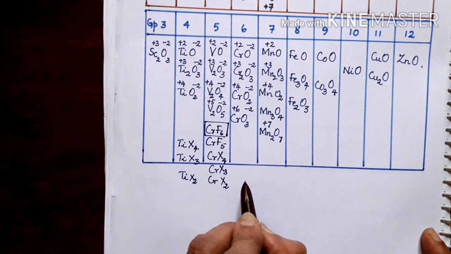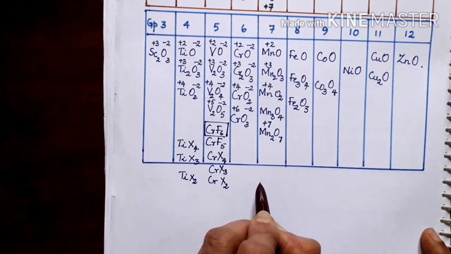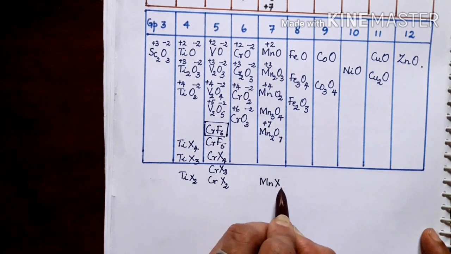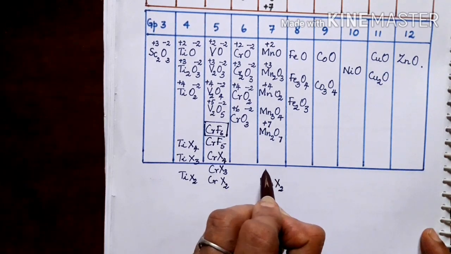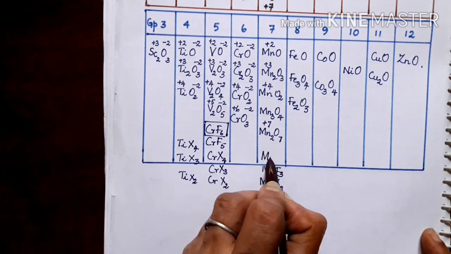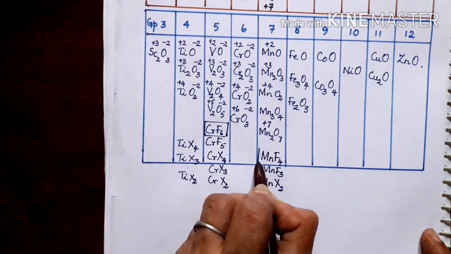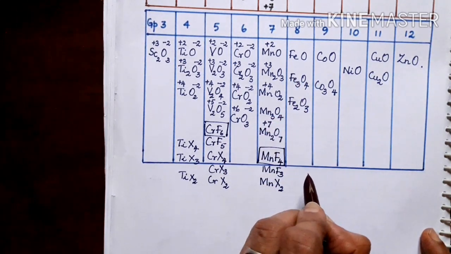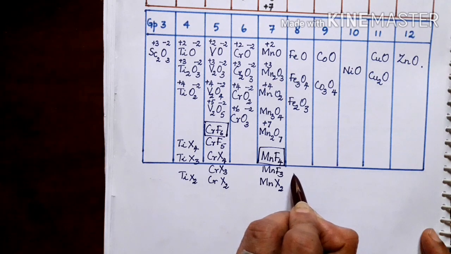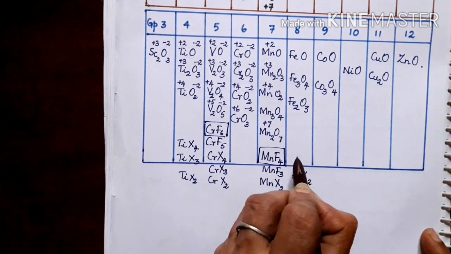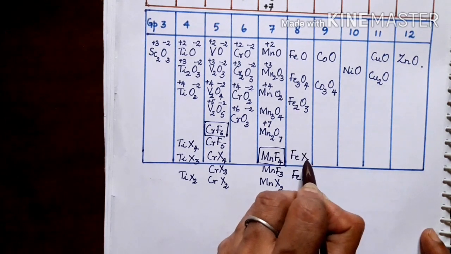Coming to manganese, manganese will form MnX2, that is +2, MnF3 and MnF4. So likewise, for the different d block elements, you can get a variety of halides: FeX2, FeX3.